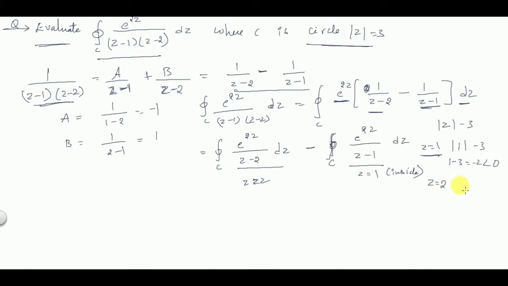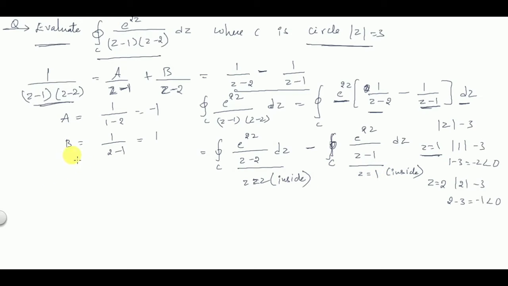Similarly, Z equal to 2: the modulus of 2 is 2, which is less than 3, so Z equal to 2 is also inside the contour. That means both the singularities are inside the given contour.